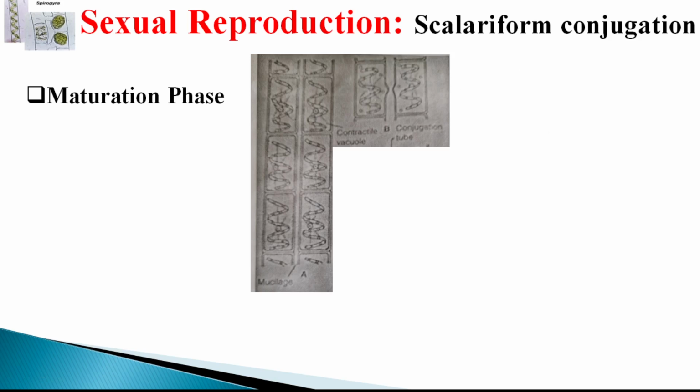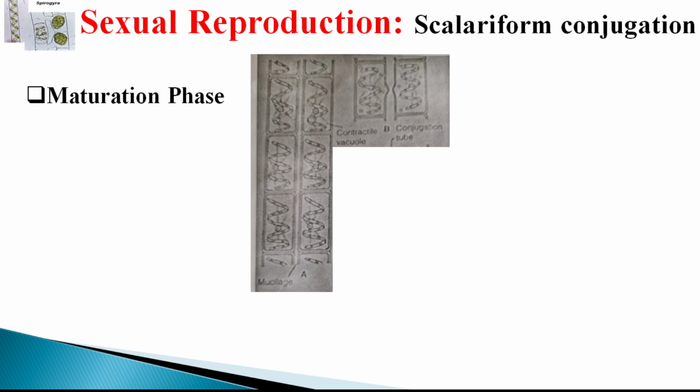Usually the papilla appears on one of the conjugating filaments. Once it touches, the papilla stimulates the development of a similar outgrowth from the opposite and corresponding points on the other filament. The papillae are thus in contact from the very beginning.